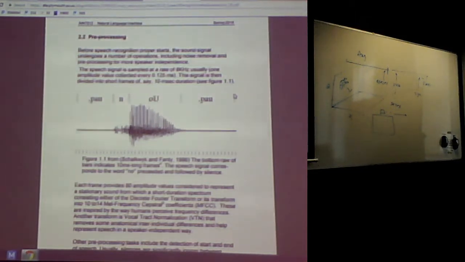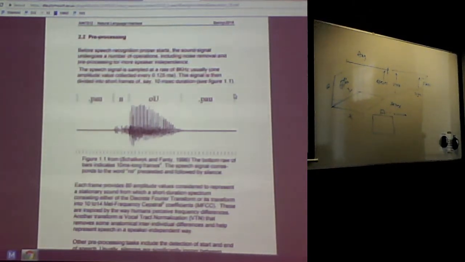One thing people usually do is cut the sounds into 10 millisecond or 20 millisecond slices and calculate the spectrum in that small slice.